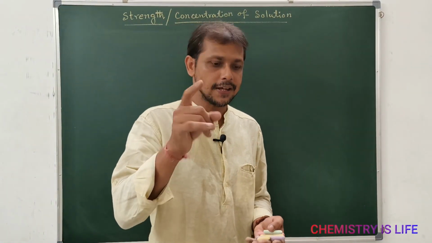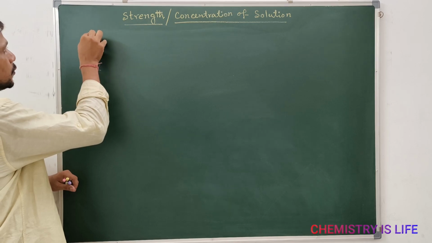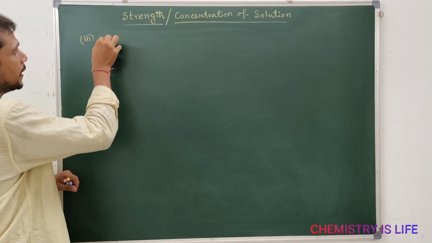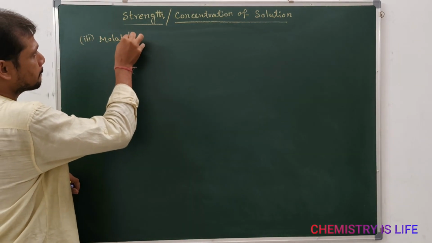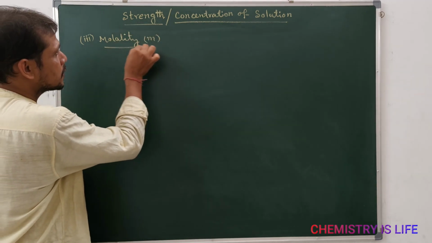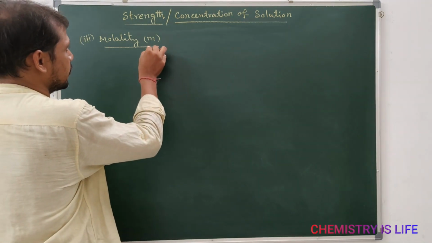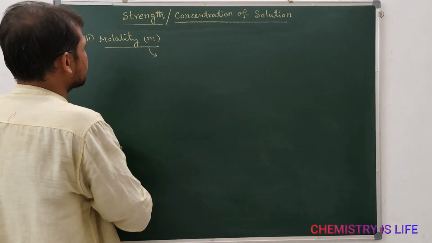Next concentration term is molality. Number 3, which is molality. It is represented by small m. It has a different definition. So what does that mean?